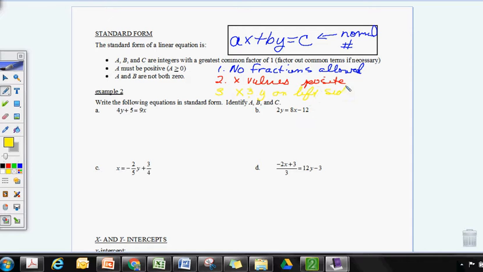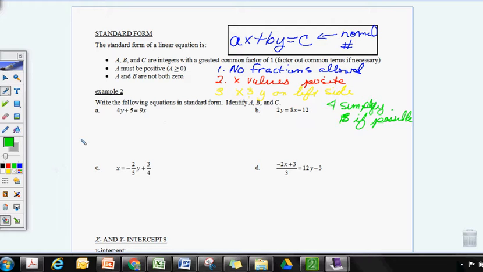And finally, in green, fourth rule, sometimes you're going to be asked to simplify if possible. If everything is reduced by 2, simplify if possible. So those are the 4 rules that we're going to have.